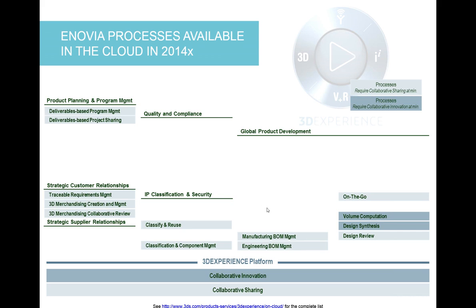The third deployment option is to have a private cloud, and there Dassault can offer, through their recent acquisitions, their own private cloud.